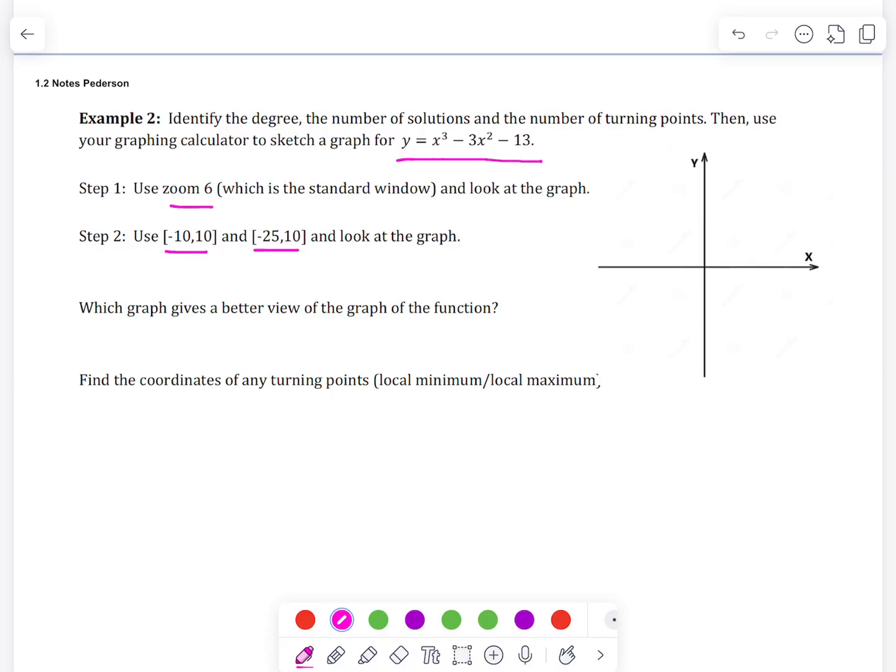All right, so now if we look at it, see how when we zoomed out, it did show a better fit of our cubic function. Remember, the standard viewing window is -10 to 10, -10 to 10. That's the standard. It doesn't give us all of the ordered pairs.